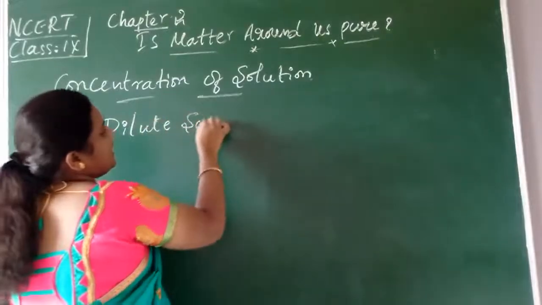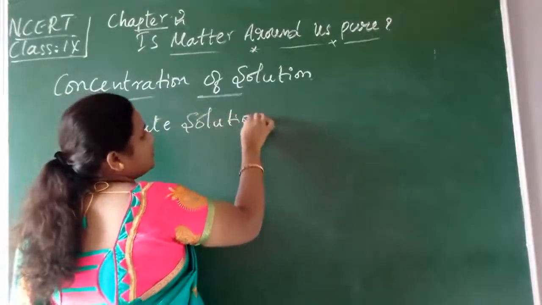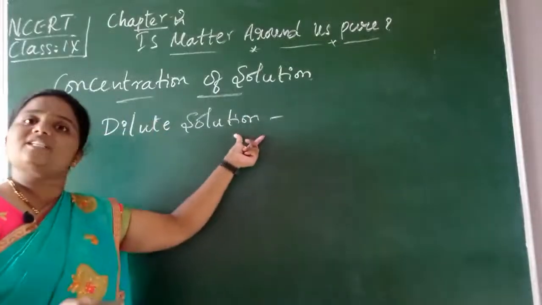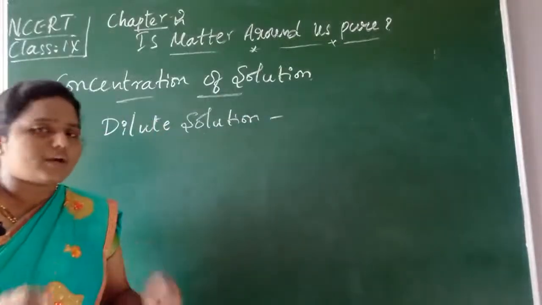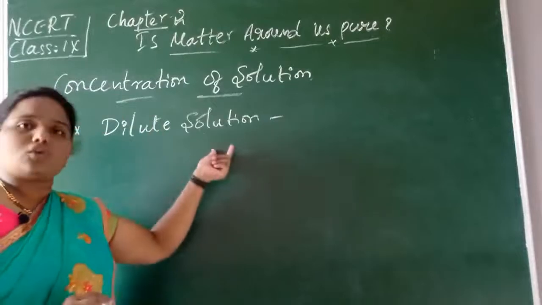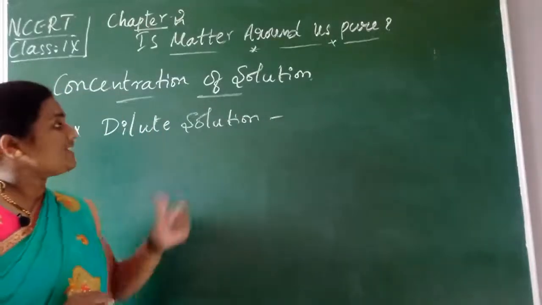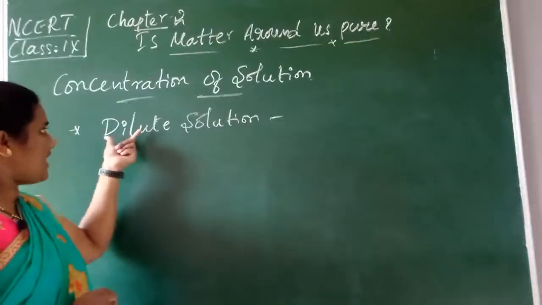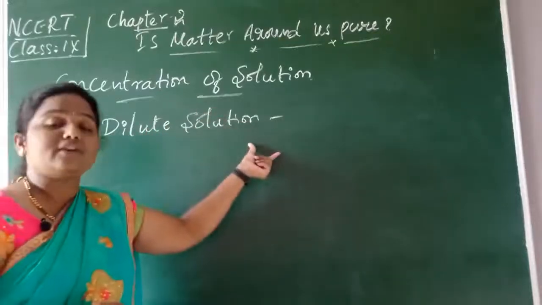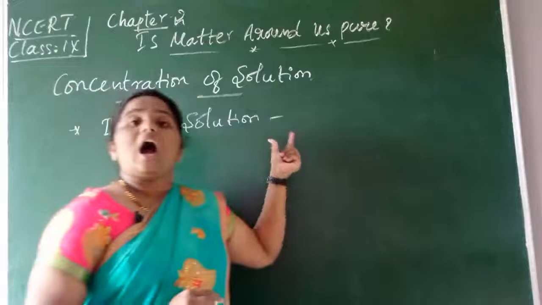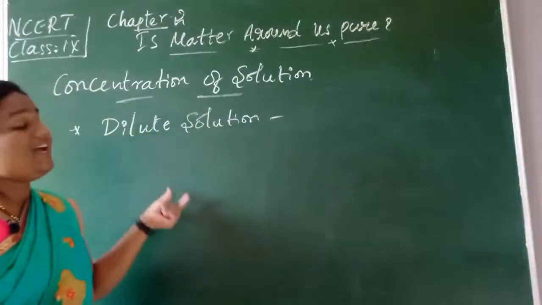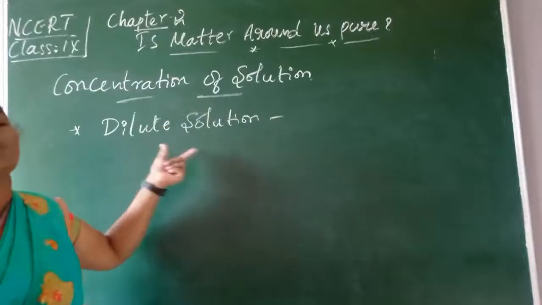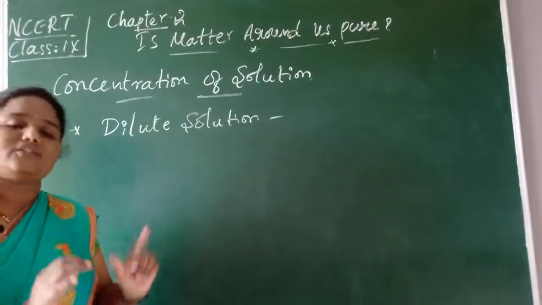What is that, children? Dilute solution. We know a solution contains mainly two components. What are those, children? Yes, solute and solvent. In a dilute solution, if the amount of solute present is less than that of the solvent, then it is called a dilute solution.